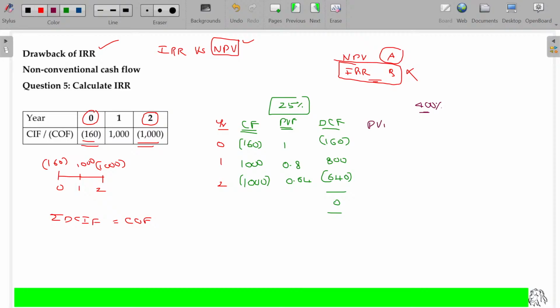Okay, PV factor at the rate of 400 percentage. So 1 divided by 5, 0.2 I think, am I right?